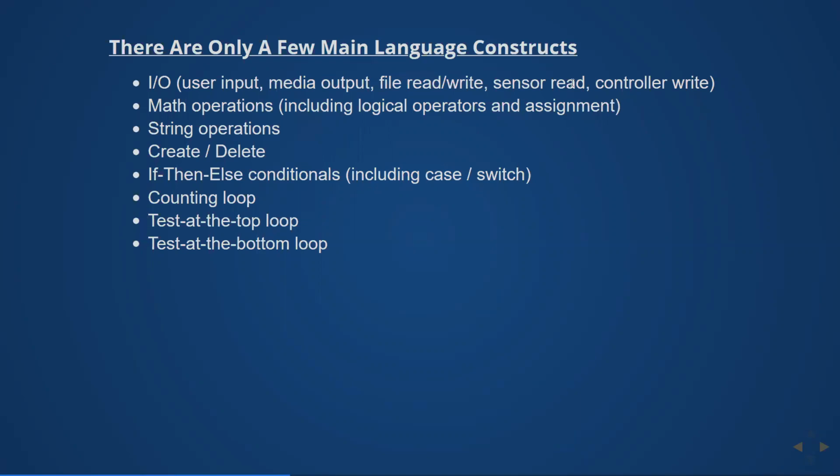Test at the bottom, you're going to run through once at least. There are jumps and go-tos, like I said a couple slides ago, and there are subroutines. Everything else is just a combination of those things.